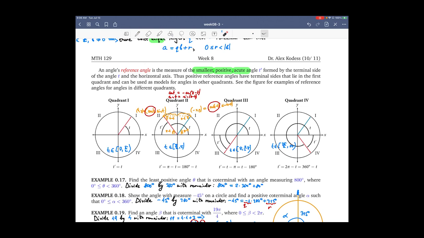And for every angle outside 0, 360, we can find an angle coterminal to our angle in the range 0, 360. And once you are between 0 and 360, you can find the reference angle.